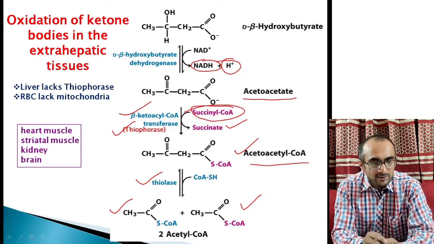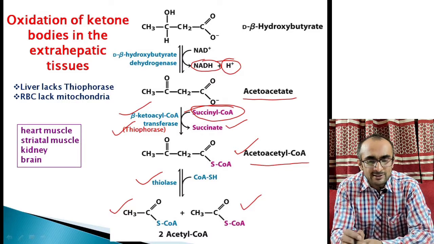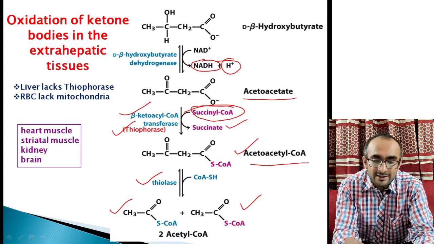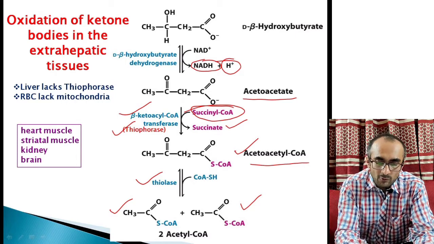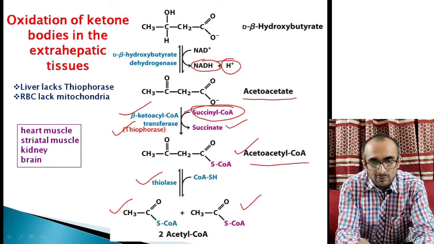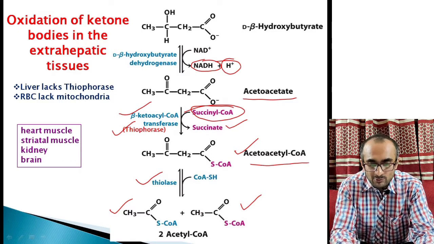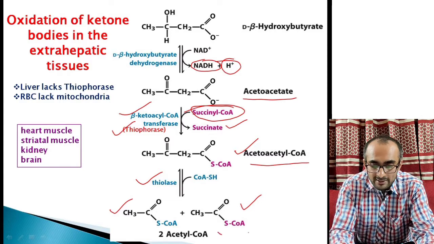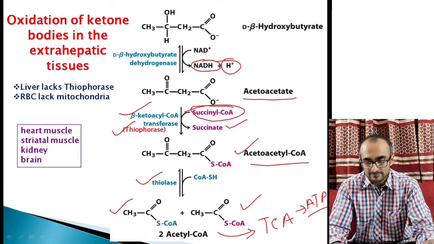The rest of the cells, heart muscles, skeletal muscles, kidney and brain, are all capable of using ketone bodies for energy purposes. So they follow these three reactions to convert ketone bodies into acetyl coenzyme A. This acetyl coenzyme A can enter the TCA cycle, and eventually give rise to energy.